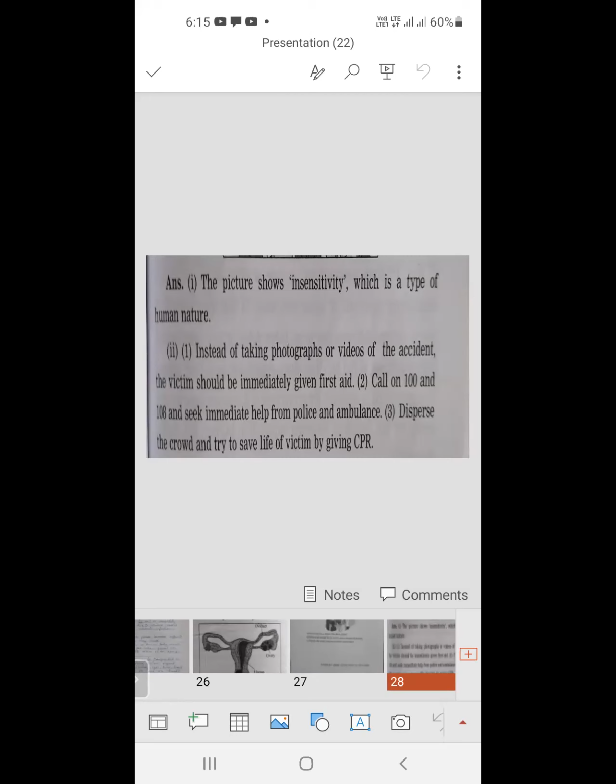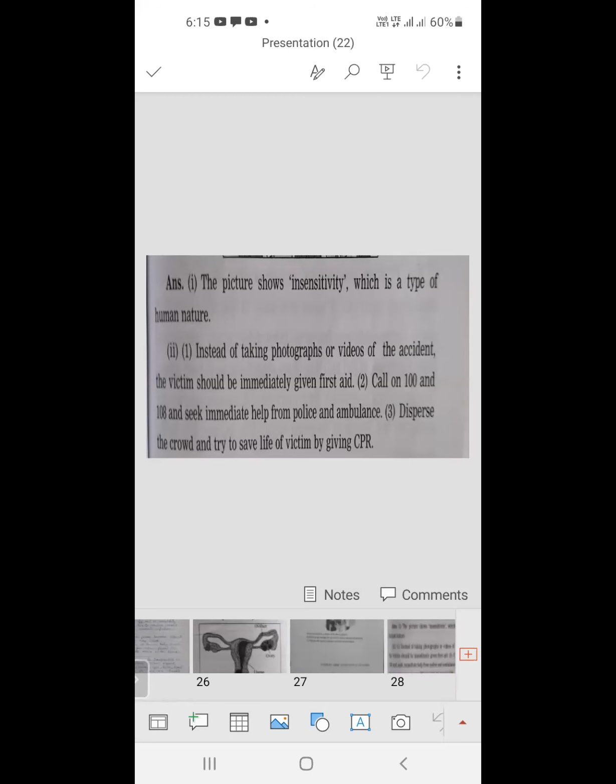Here you have to give first aid to that person, and disperse the crowd because the oxygen level is low in that area. If you disperse the crowd, the victim can breathe oxygen, and that may help the victim. In this way you will write the answer to the second question.